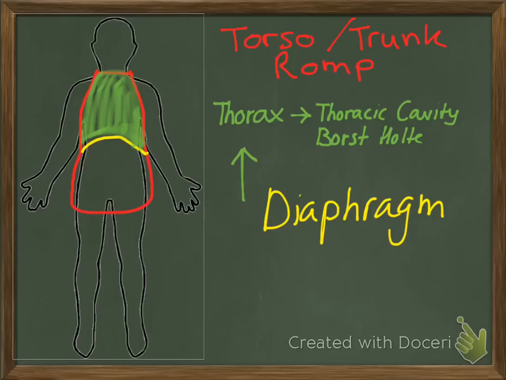Well, below our diaphragm, we have the abdomen, or the abdominal cavity, the buikholte. And in our buikholte, all different kinds of organs are placed. For instance, our intestines. Now, some organs aren't very specific on where they're placed. For example, your gullet, ofwel je slokdarm.